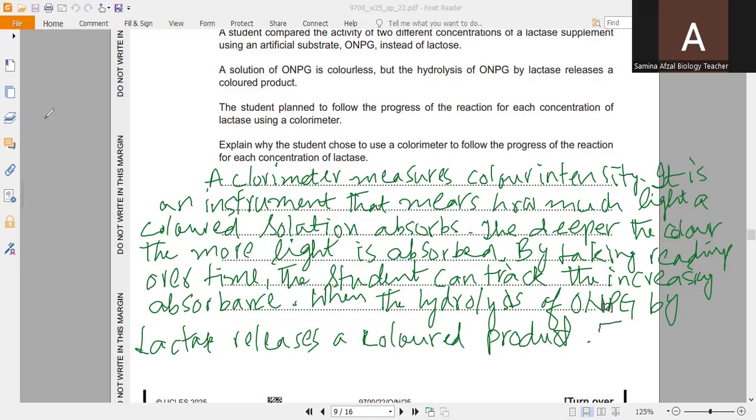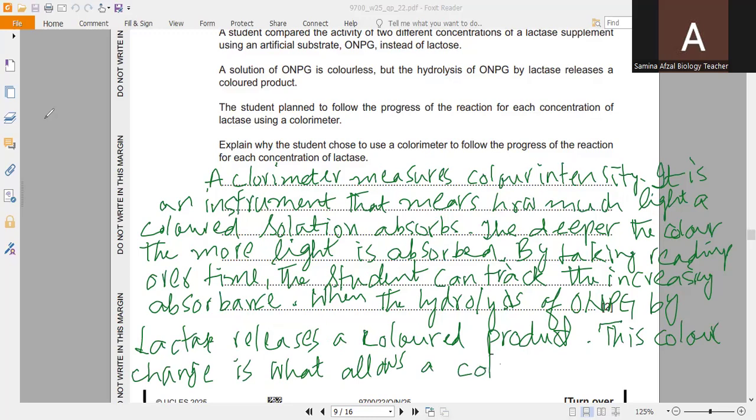This color is what allows a colorimeter to be used.